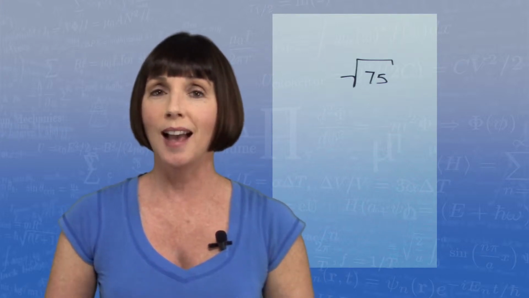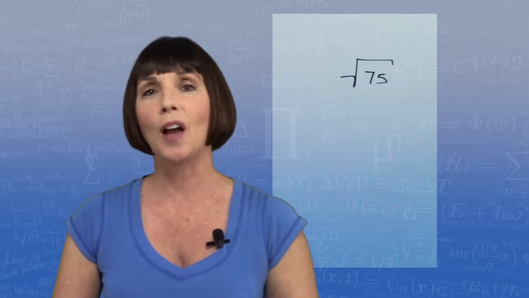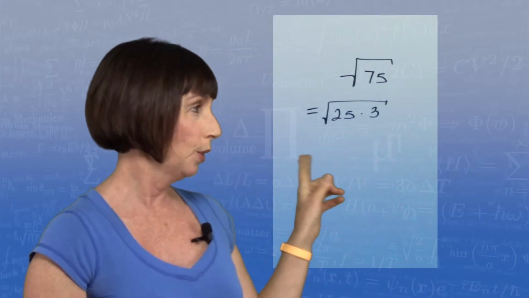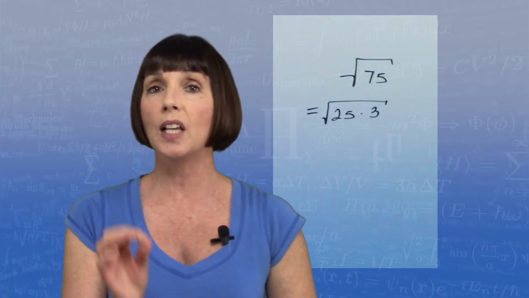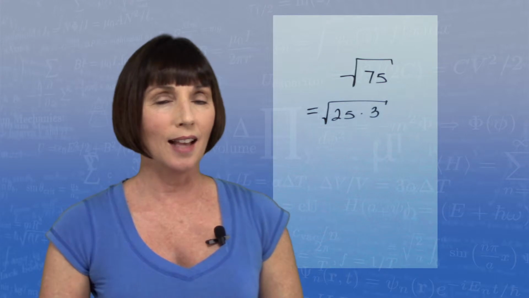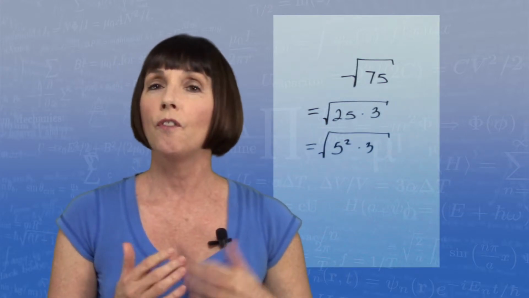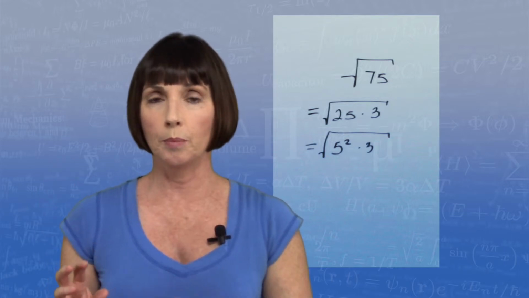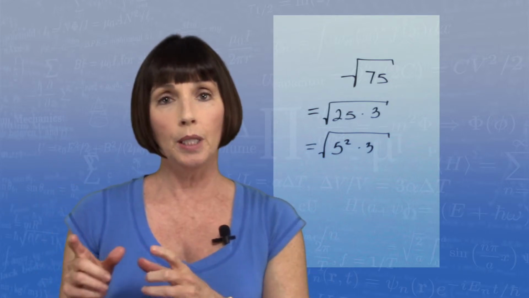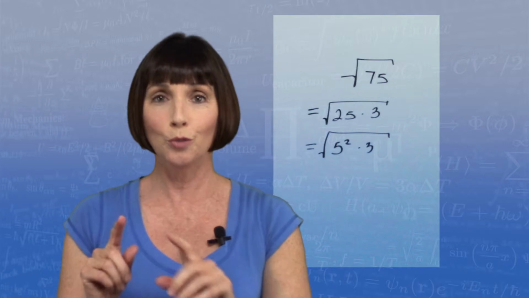So let's do that. I have that the square root of 75 is equal to the square root of 25 times 3. Now I'm going to rewrite 25 as 5 squared. So I get the square root of 5 squared times 3. Now that product under the square root symbol of 5 squared and 3 can be broken up into 2 square roots.